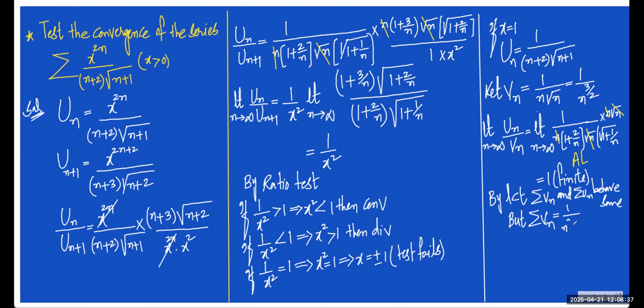You can take n root n also, it's your choice. Compare with n power p: the p value is 3 by 2, definitely greater than 1. So by the p test, summation Vn is convergent, which means that summation un also converges.